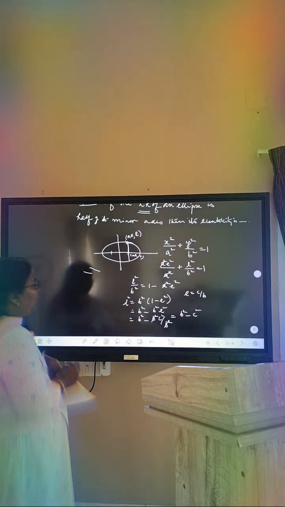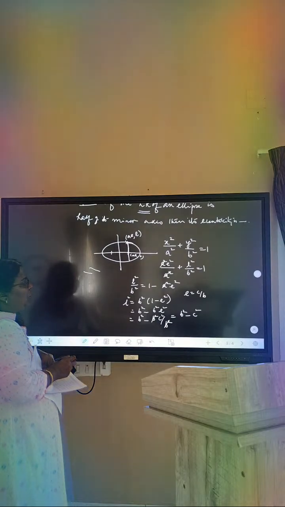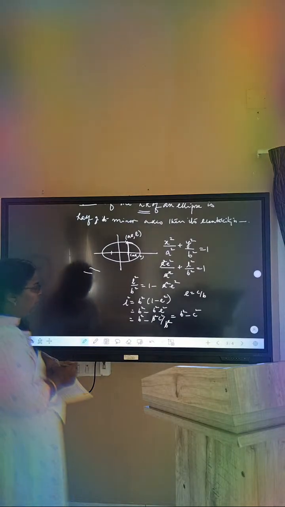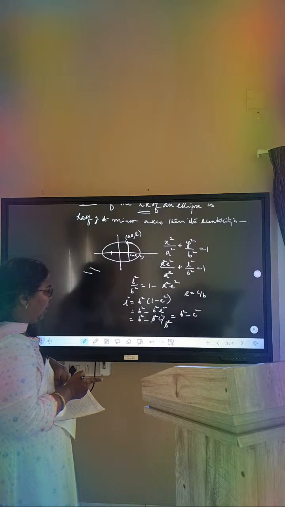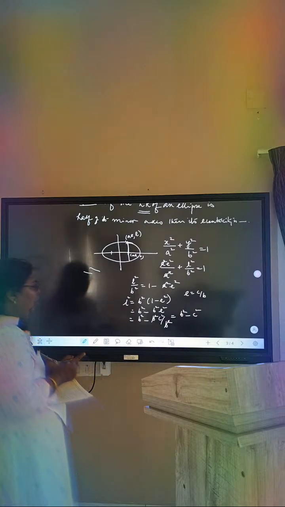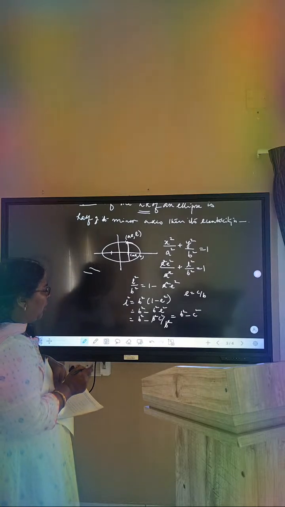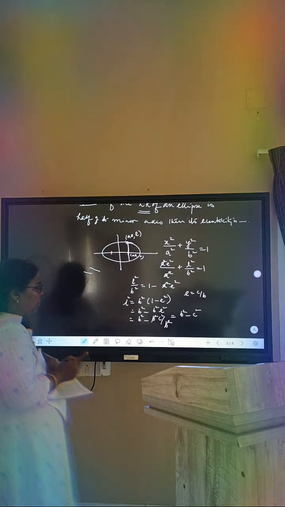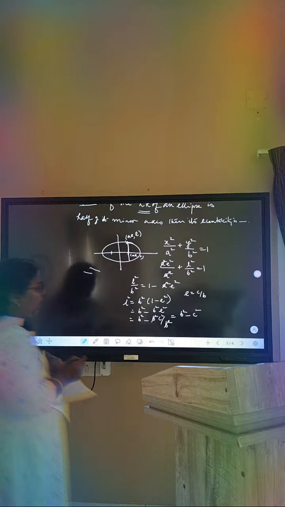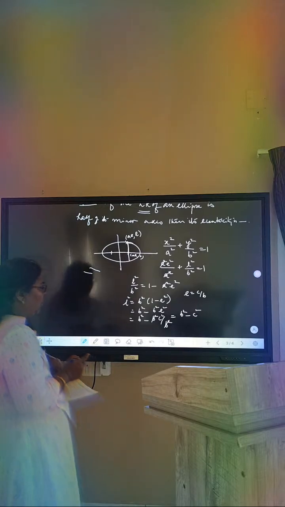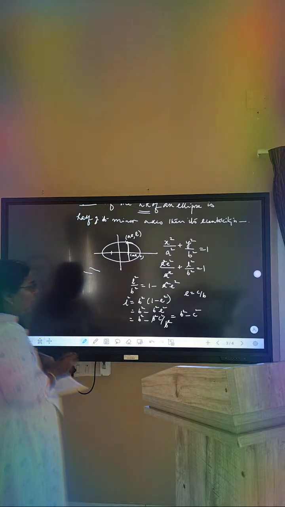So l squared is equal to b squared into (1 minus e squared), that is b squared minus b squared e squared, and with e equal to c by a, it is c squared by a squared.